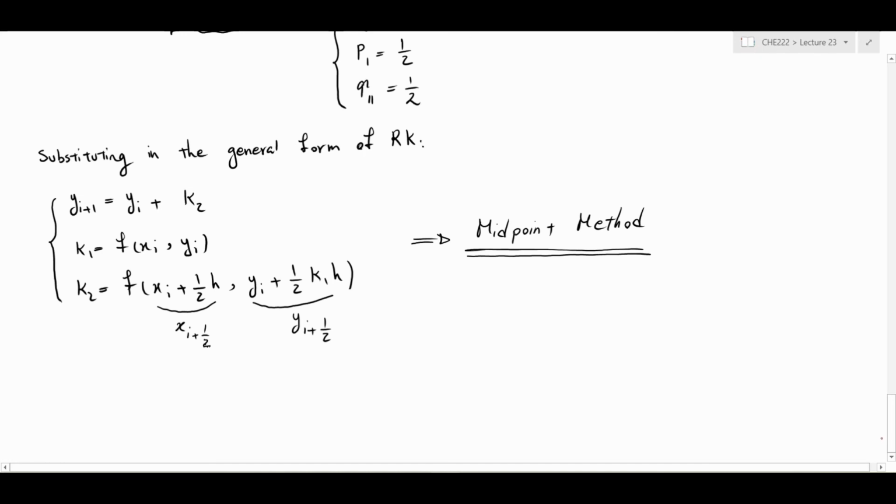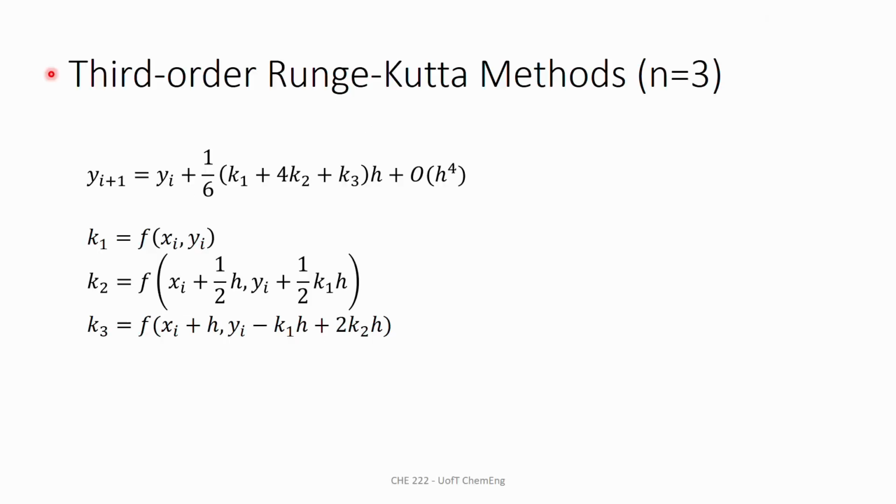What I will give you next is I will go back to the slide and present you some common forms for the third order and fourth order Runge-Kutta method. Here I'm presenting the third order Runge-Kutta method by making n equal to 3.